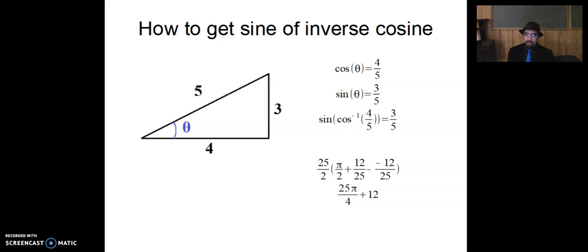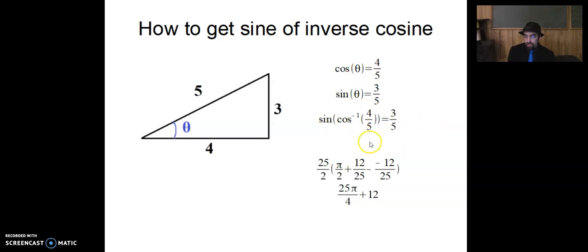So inverse cosine of -3/5 will be the same as inverse cosine of +3/5. And so I can use that to pretend that I'm looking at the 3/5 instead of a -3/5. So I get that sine of inverse cosine of -3/5 is +4/5.